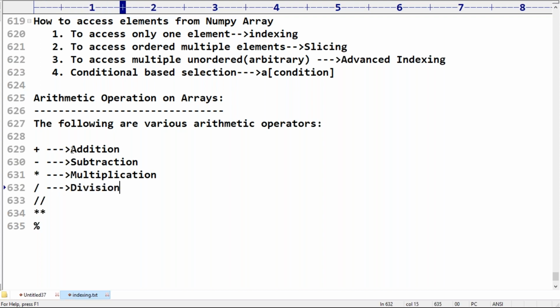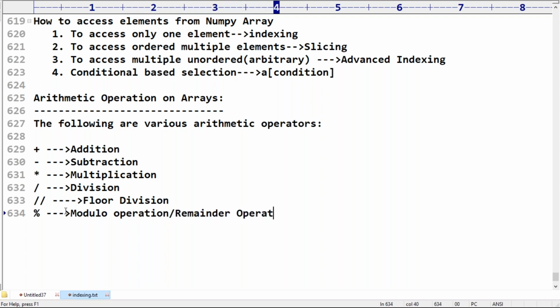Next is the division operator. This other one is by default considered floor division. Then the modulo operator, the remainder operation: if I divide the given number, what is the remainder?